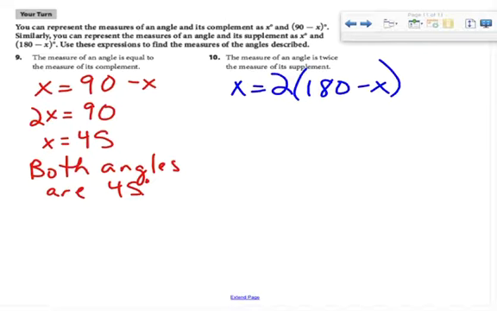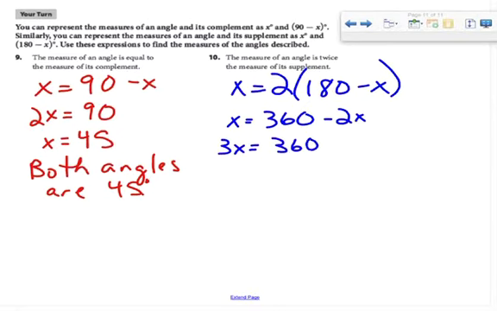And then again, once you have the equation down, you should be scot-free. That's algebra all the way. Distribute the 2, and you have x equal to 360 minus 2x. So your next step would be to add 2x to both sides and get 3x equal to 360. And when you divide both sides by 3, x is 120.